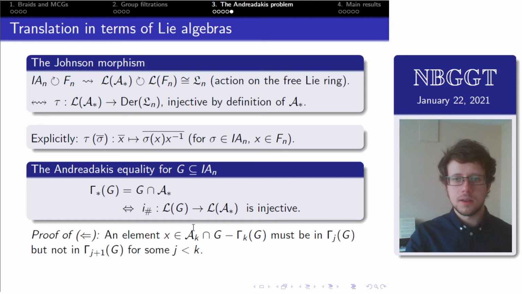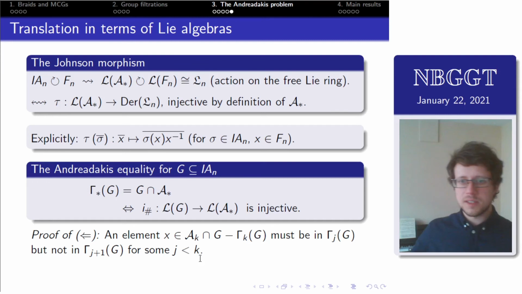It has to be in gamma 1 because gamma 1 is the whole group, but maybe it's in gamma 2. If it's not in gamma 2, then you can take j equals 1. But if it's in gamma 2, maybe it's not in gamma 3, and you can take j equals 2. And if it's in gamma 3, etc. And you know that it's not in gamma k because of our hypothesis. So you have to find it somewhere in the lower central series before gamma k.